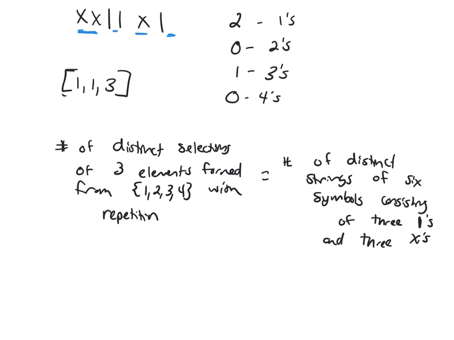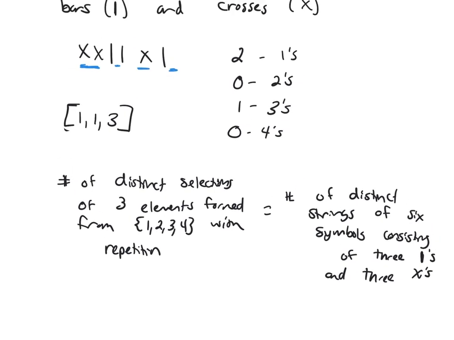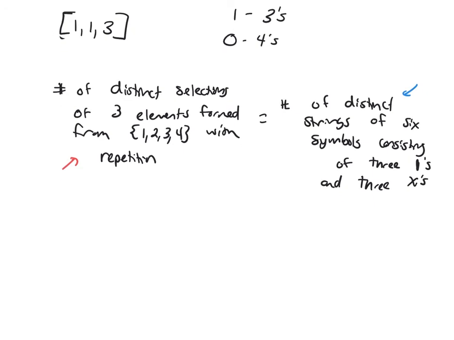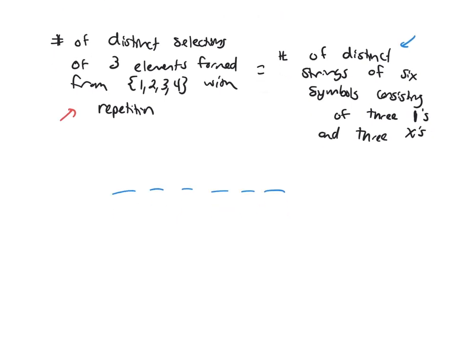Well, really, if you're positioning those, I know how to count this. There are 6 positions. And once I choose the positions for the X's, the bars have to go in the remaining positions. So all you need to do is choose the positions for the X's.